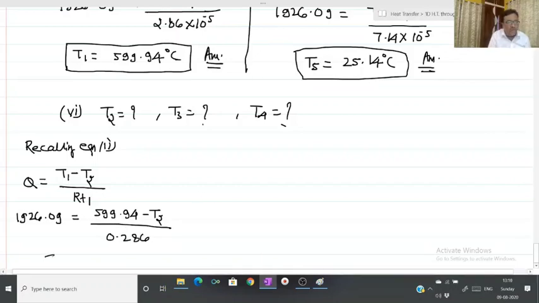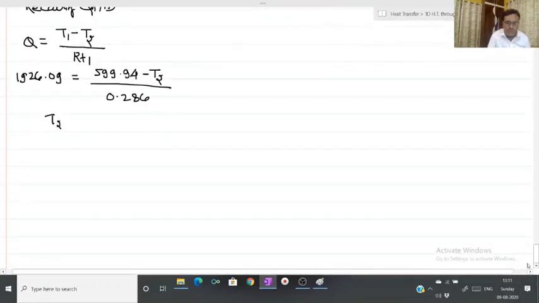Value of T2 comes out 49.08 degrees Celsius.